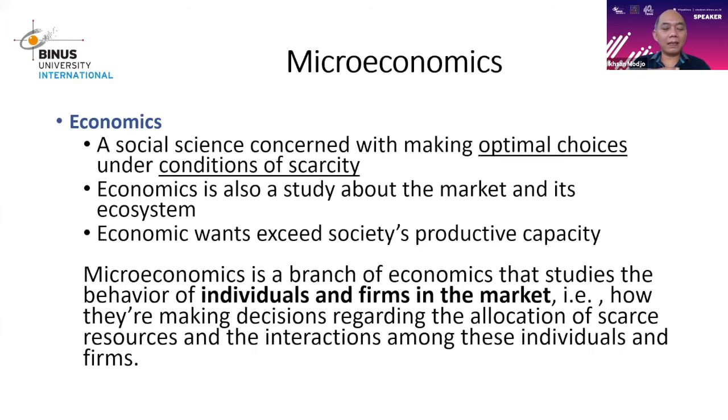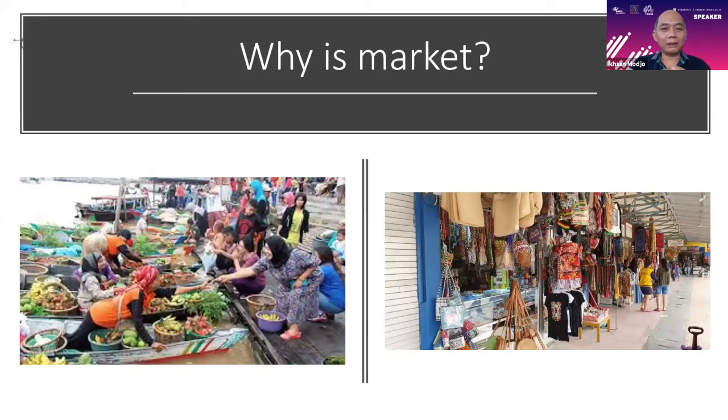Okay. Now let's look deeper at what markets are. So this is a market, guys. Why is this the first one, on the left? Does anyone know about this? Ini yang namanya, if you ever go to Banjarmasin, Kalimantan, this is what we call pasar terapung.